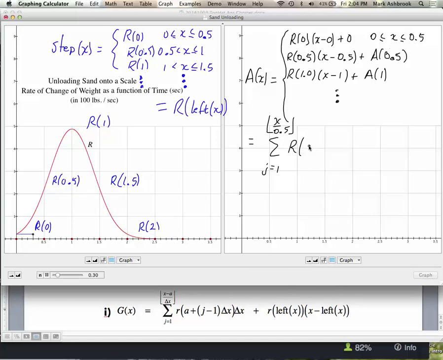So j minus 1 times delta x, and delta x is 0.5, times 0.5, plus capital R of, and everything else is the same.